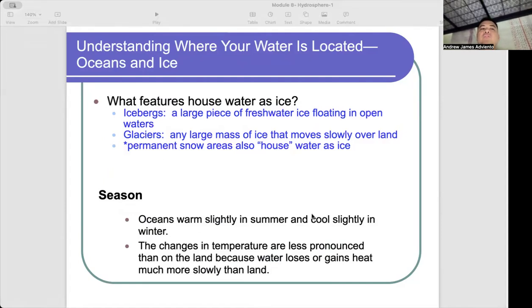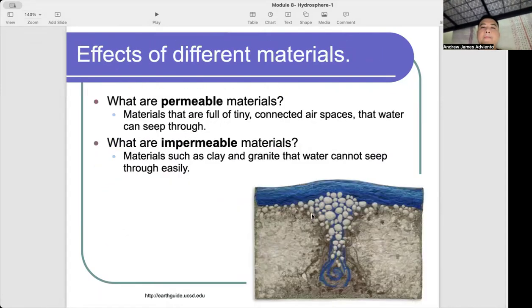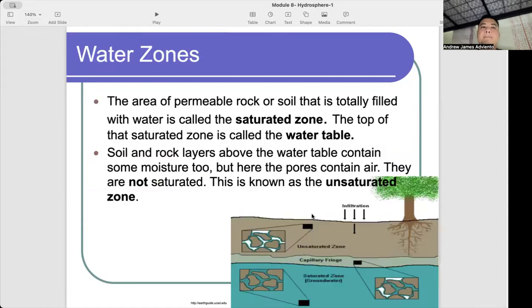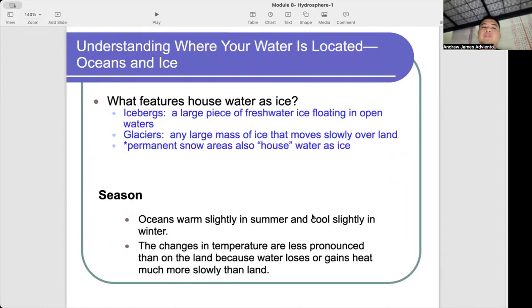Okay, so groundwater and water cycle. But before we go there, maybe we also have the icebergs, the glaciers. These are all trapped water in ice.